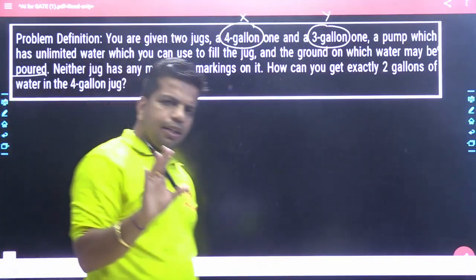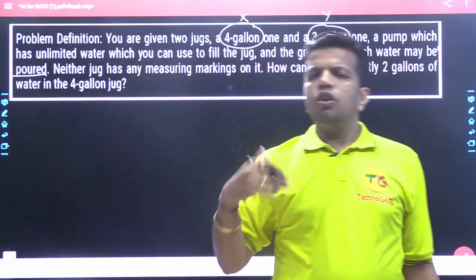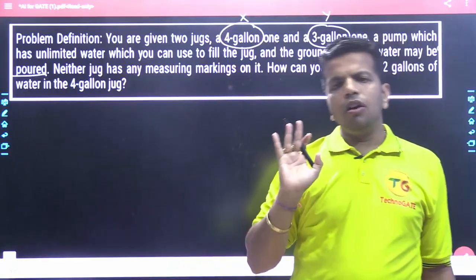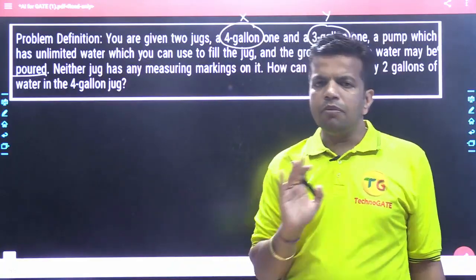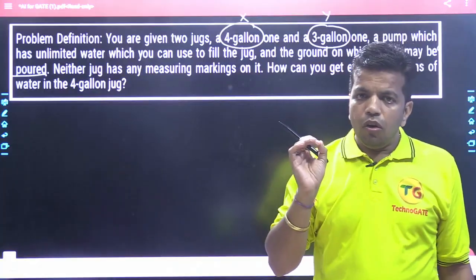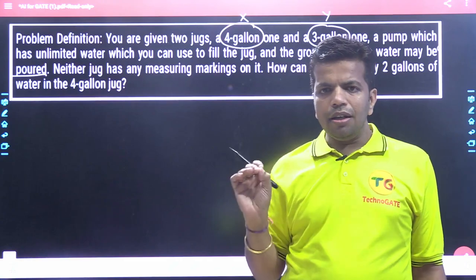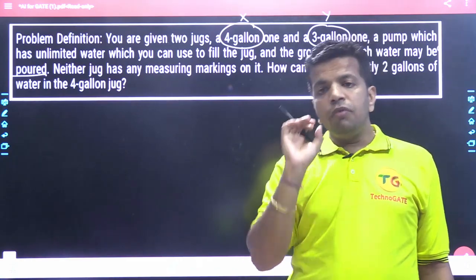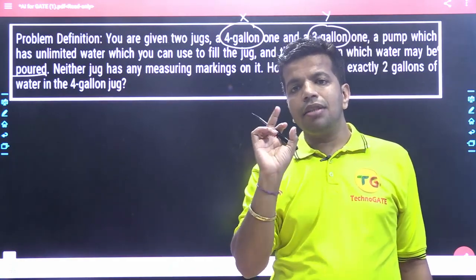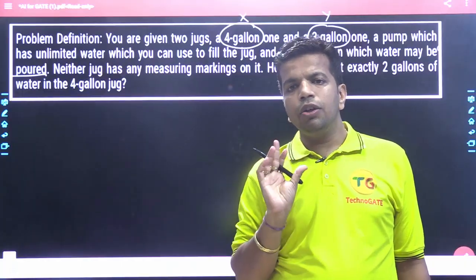That means you can fill a jug any number of times, and you can pour the water on the ground any number of times. There is no marking on a jug, and we want to fill the 4 gallon jug with exactly 2 gallons.